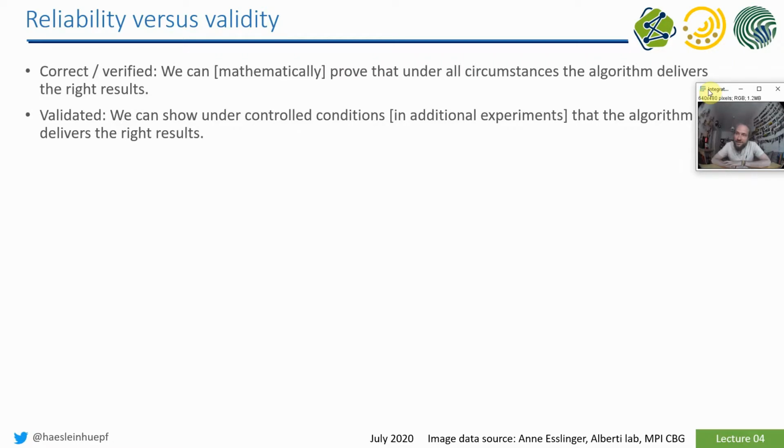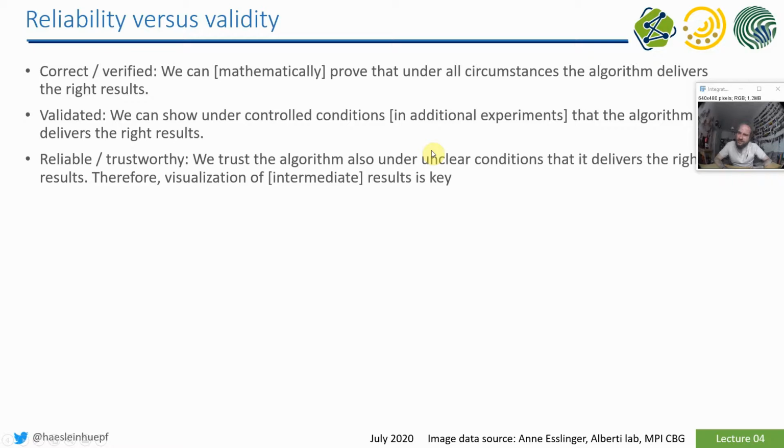But we can take samples which are produced by companies, for example, fluorescent beads of given size, and perform additional experiments in order to validate our strategy. So if we measure with our microscope and our image analysis workflow objects of given size, and can then show that the size which we knew before and the size we measured are strongly correlated, then we can validate our algorithm, and we can tell something about the validity of the algorithm.